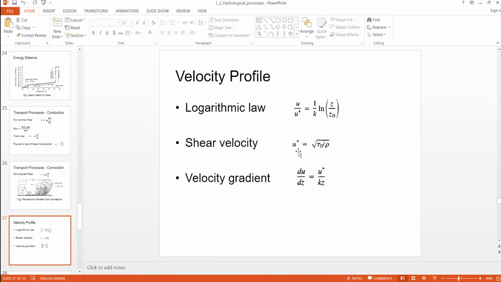Shear velocity is computed as the square root of tau naught by rho, where tau naught is the shear stress at the bed and rho is the mass density of the fluid. We can find the velocity gradient du by dz by differentiating this, and we get u star by kappa z. Kappa, as I said, is a universal constant, and its value is 0.41.